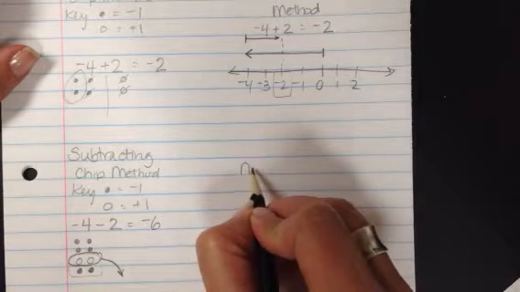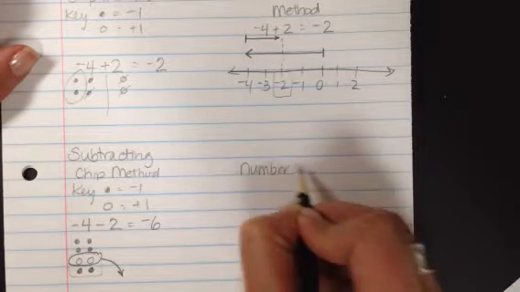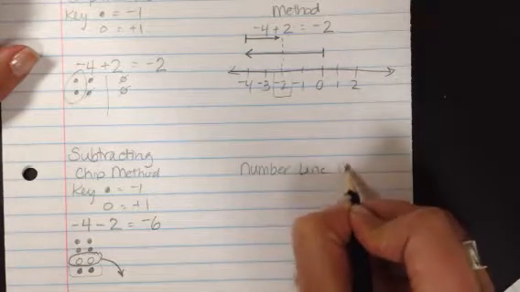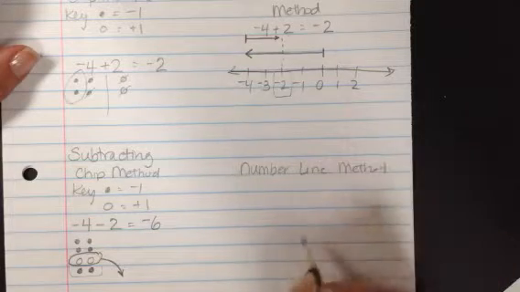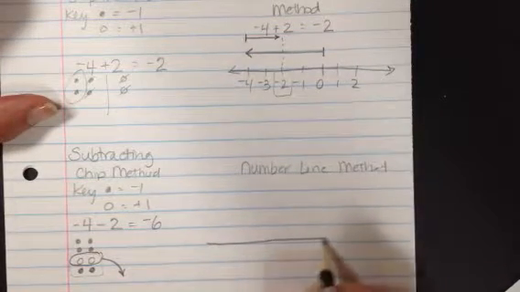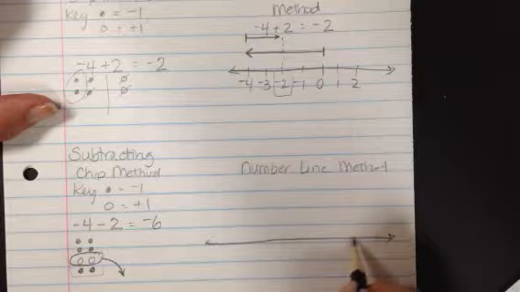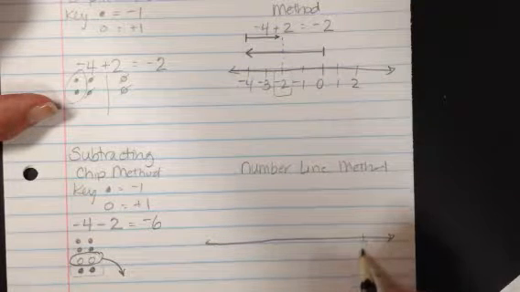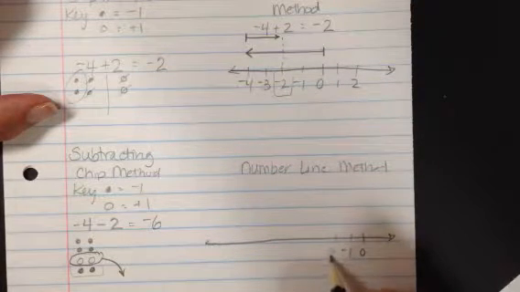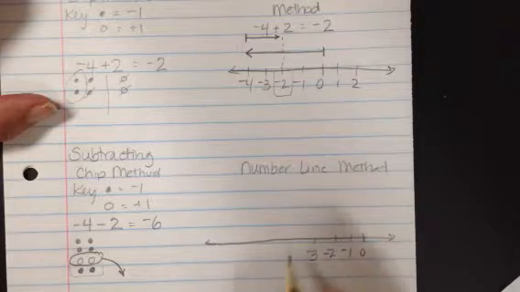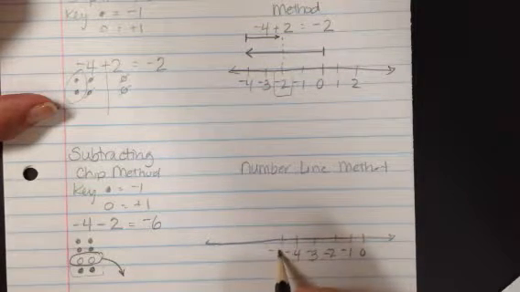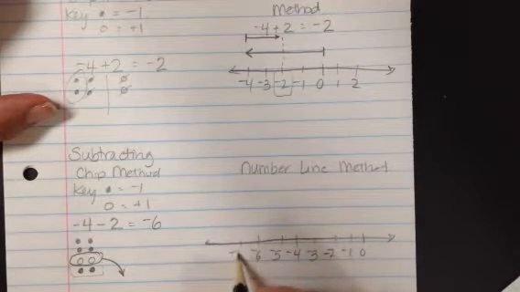For the number line method, I'm going to do a number line the same way as I did before. That's a -2. -4, -5, -6, -7.